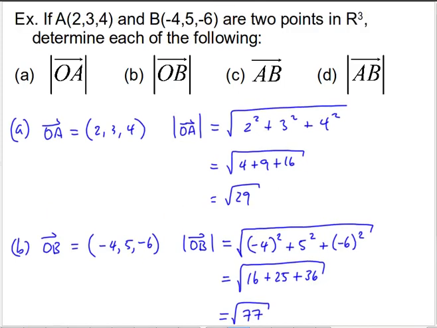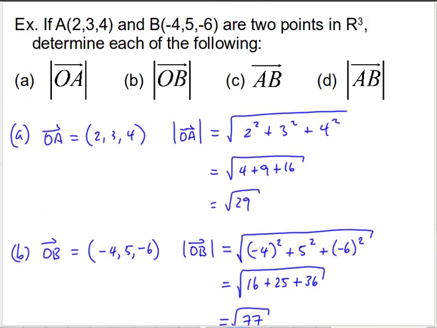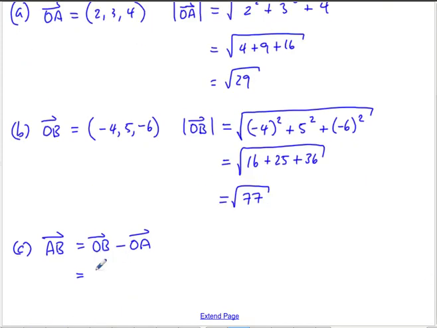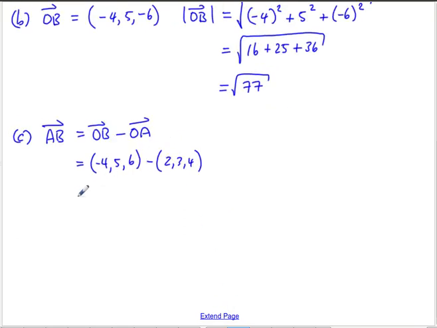So OB is -4, 5, and -6, and I'm subtracting from that the vector OA, which is 2, 3, and 4. There's nothing saying that I can't stick with this notation.